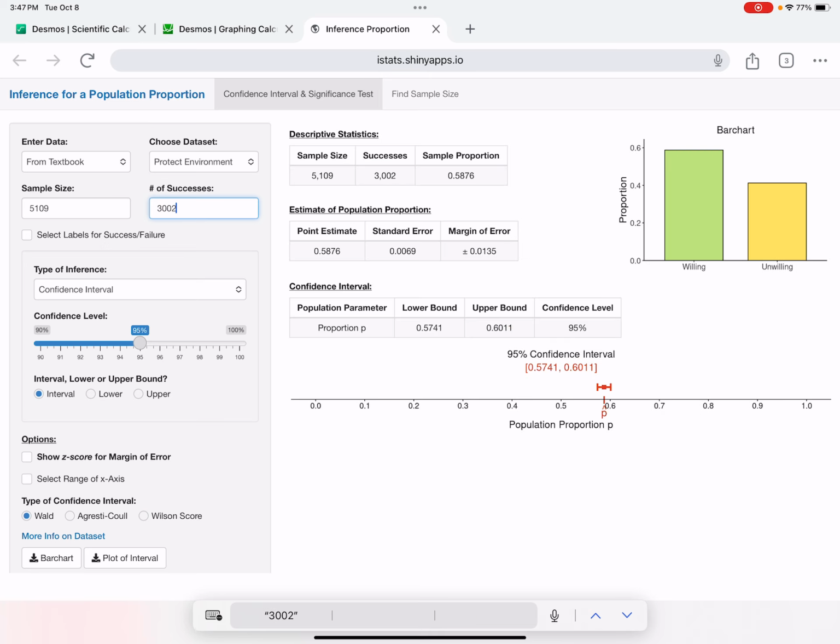And this time we do want that 95% confidence interval, so we'll leave it there. So yeah, our confidence interval is 57.41 to 60.11%, or you could leave it as a decimal, 0.5741 to 0.6011.